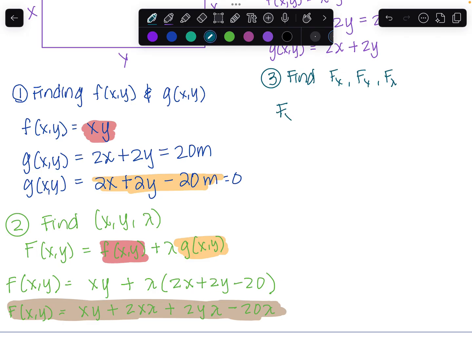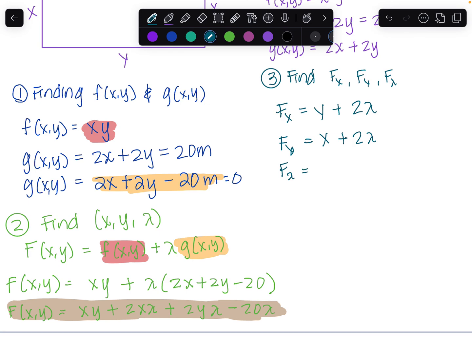So the derivative with respect to x would be y plus 2 lambda. Everything else would go to 0. F of y would be x plus 2 lambda, and everything else would go to 0.